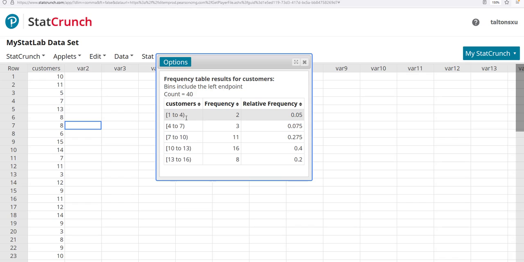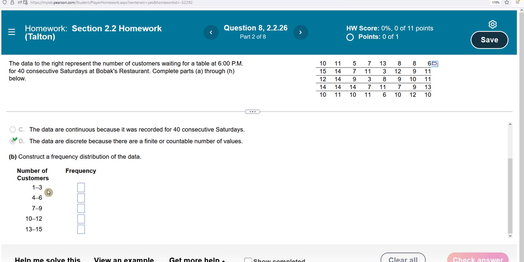Okay, so that 4 will be included in the next interval. As you can see, it has a bracket on the 4 and then a parenthesis on the 7. So if you get this, this is fine. Don't get confused because it doesn't look like the one in your problem, but technically it is the same.